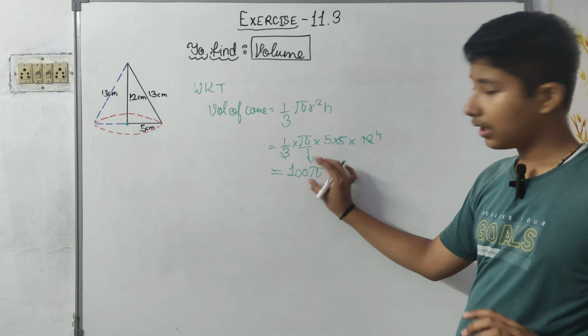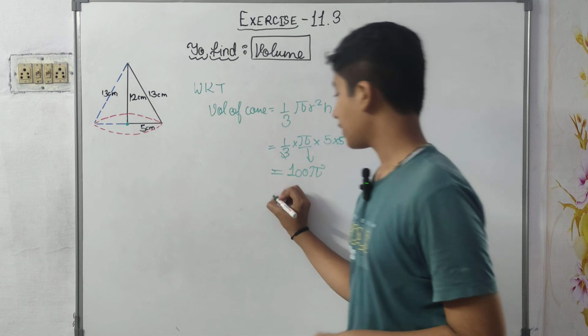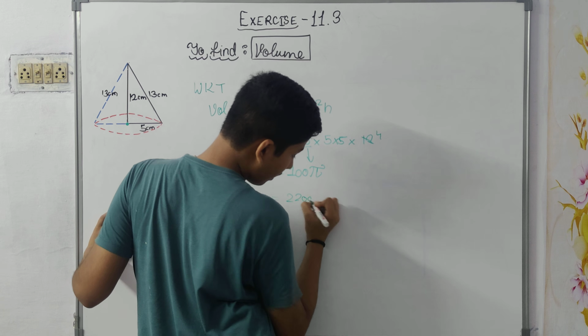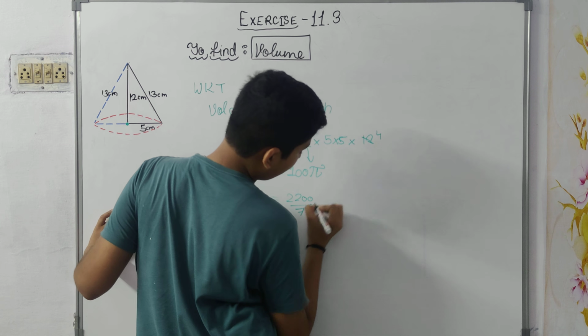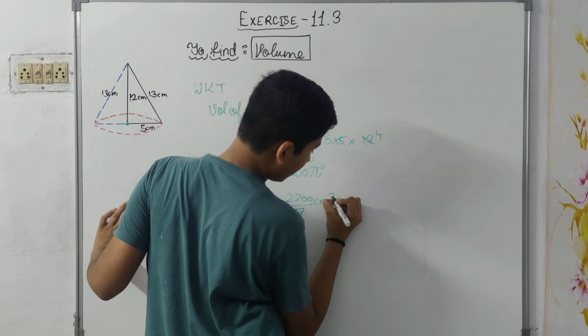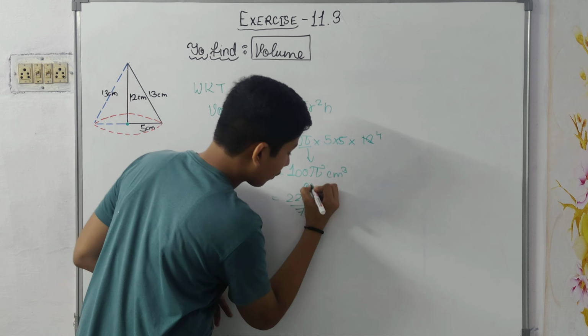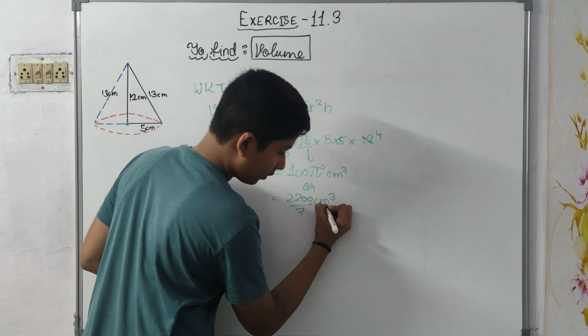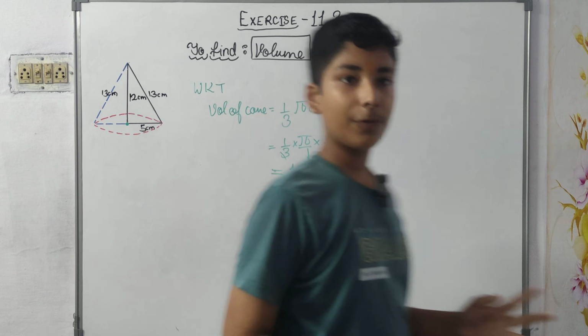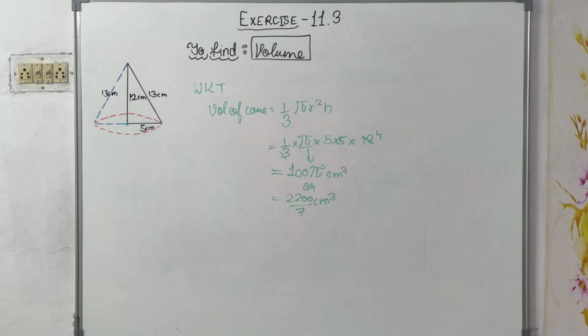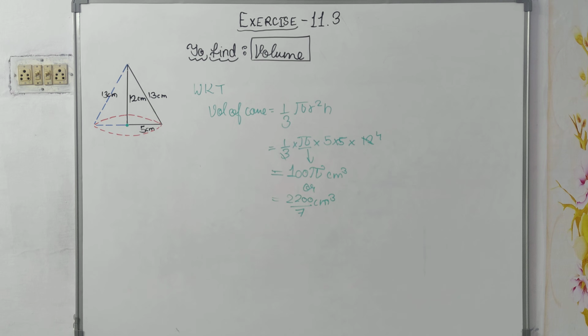Let it remain in pi form, or instead it would be 2200 by 7 centimeter cube. You can write both forms, because in the next question it would be cancelled out anyway. Now let's continue with the next question.